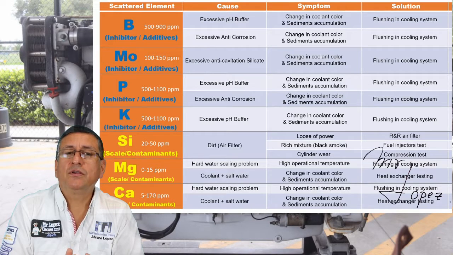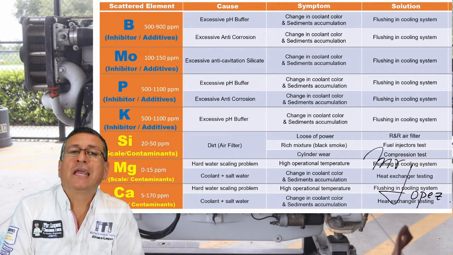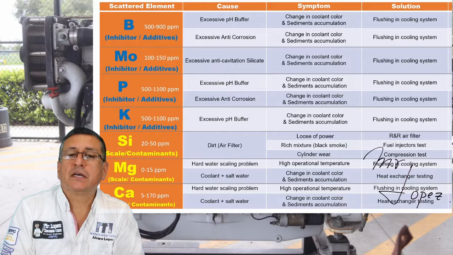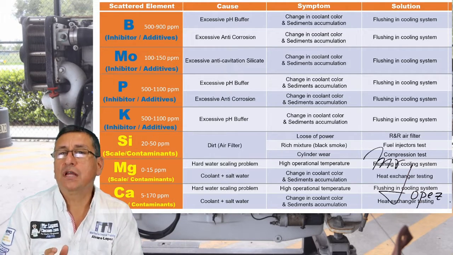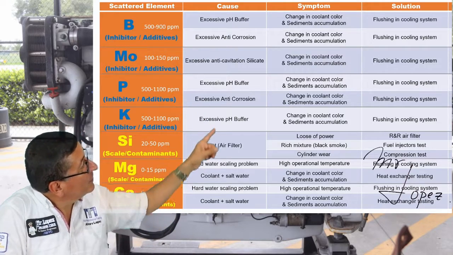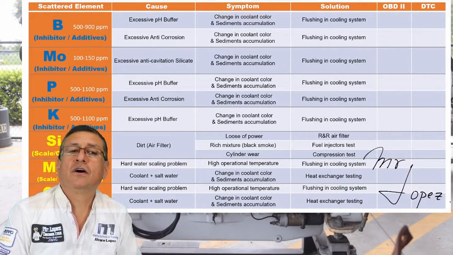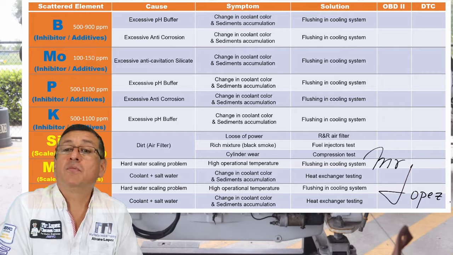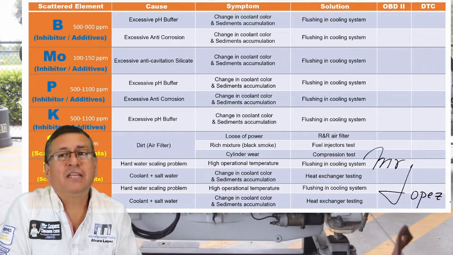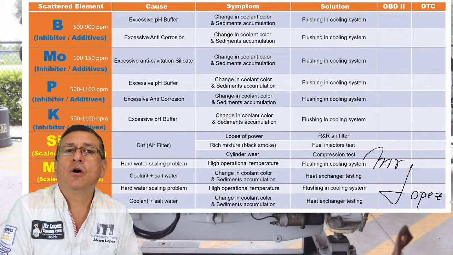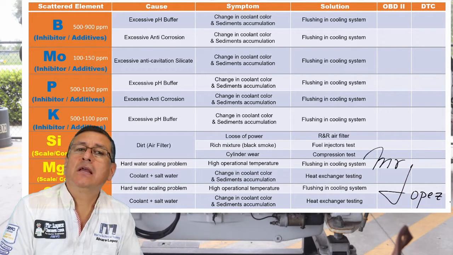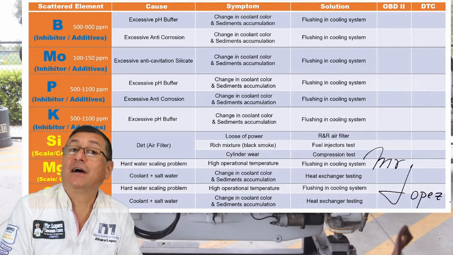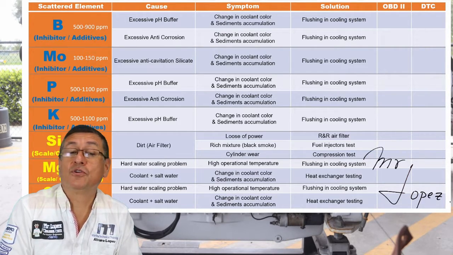This is the analysis on the coolant, and this is the procedure to check the cause, the symptom, the solution, and I have two additional columns on the table for the OBD2 codes and the DTC codes that we are going to analyze in a couple of chapters. We are going to include the codes related with each problem and the solution per each code.